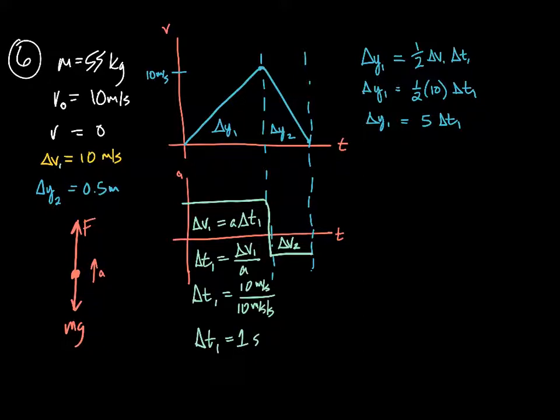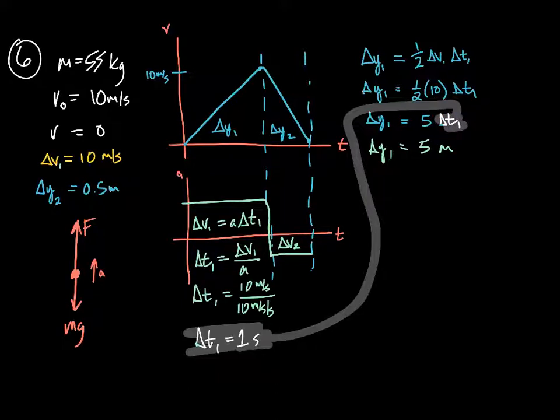So that means delta y1 would just be 5 meters. This right here pops up into that, and we get our answer. So we've determined how far she fell, 5 meters, and how long it took to fall. Probably took a little longer with air friction, okay? But we ignored that.